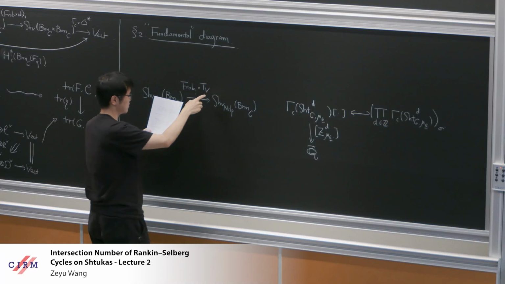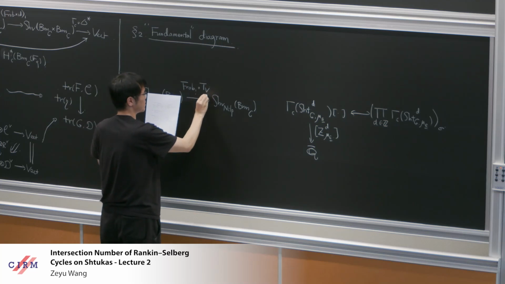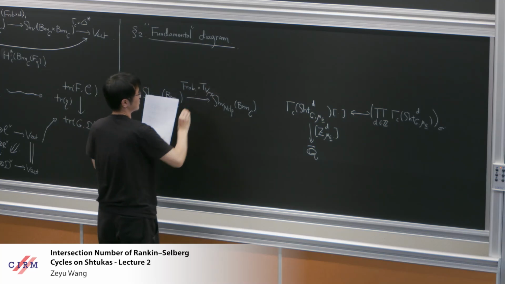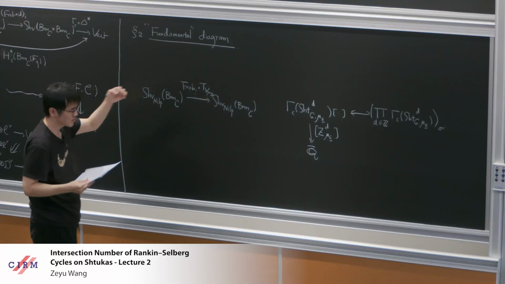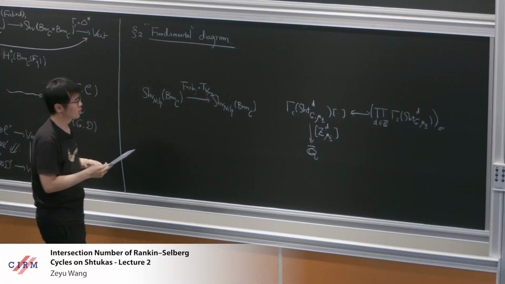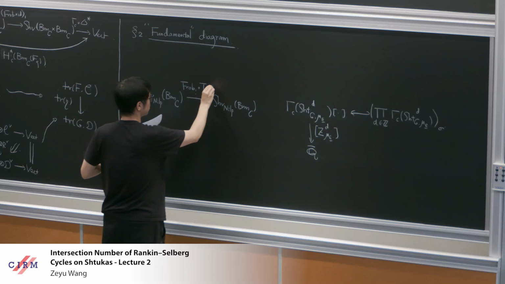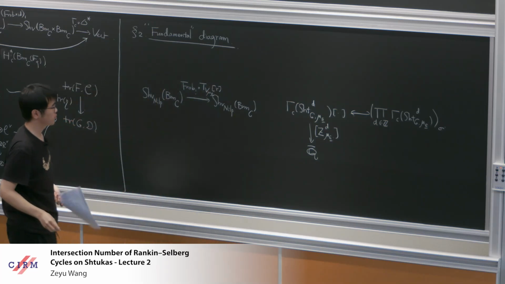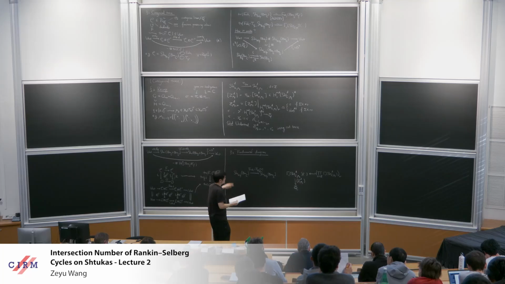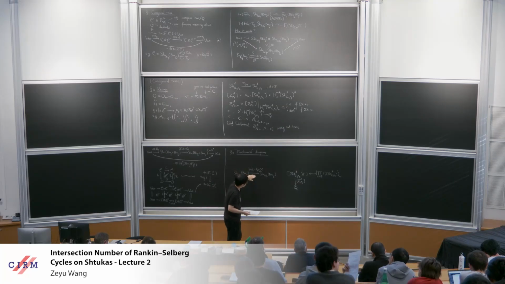Now it's a composition of Hecke operators. It's Hecke associated to this sequence of coweights. It's just a composition of Hecke operators, and for some not important reason, I will put a shift here. If you take the trace of this, you will recover this vector space.